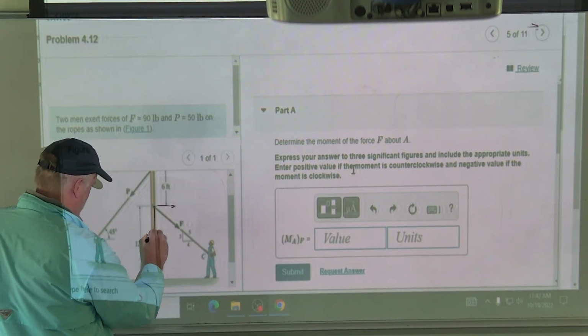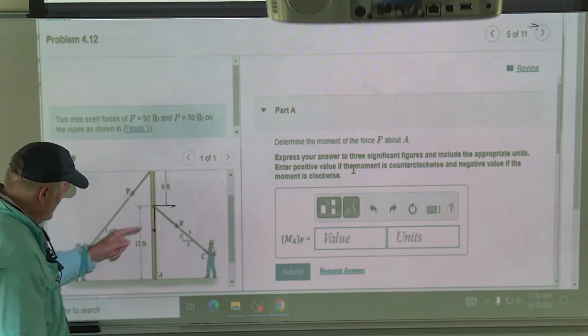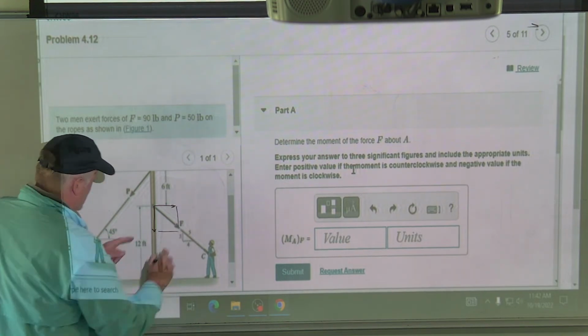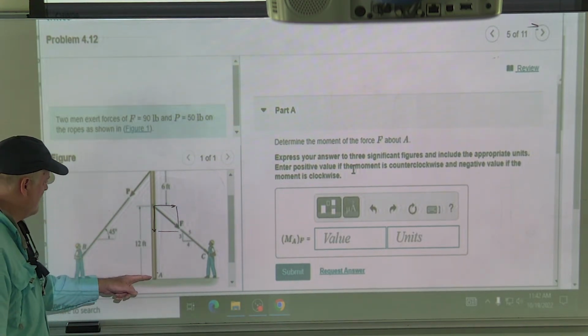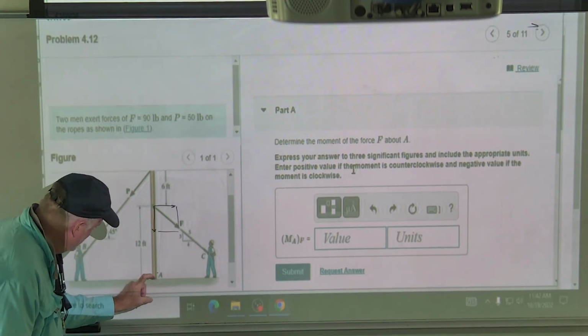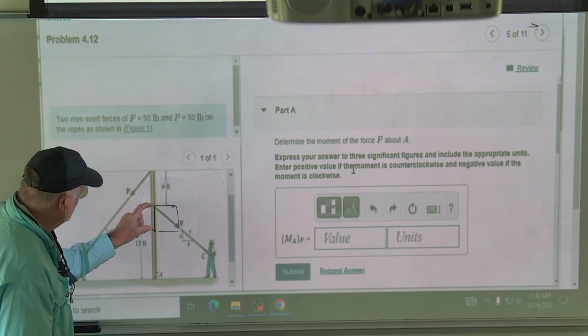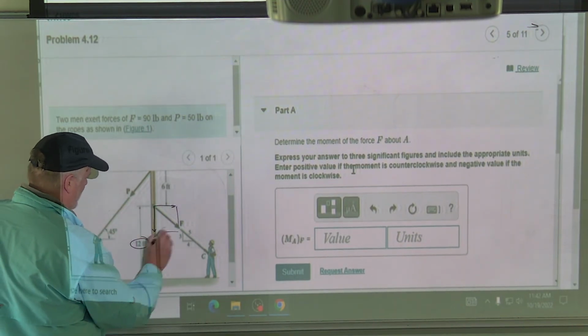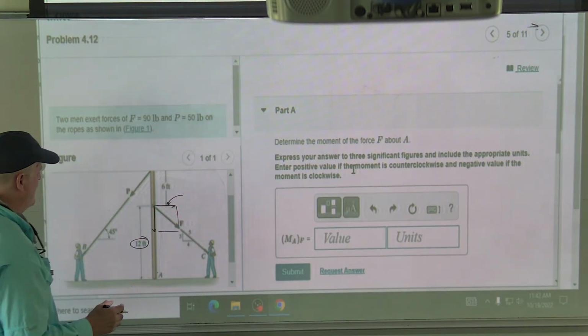But the part that he's pulling down, this component, supplies no moment about A, because if I can translate it along its line of action, it sits right on top of A. So the moment is only 12 foot, comes from this component.